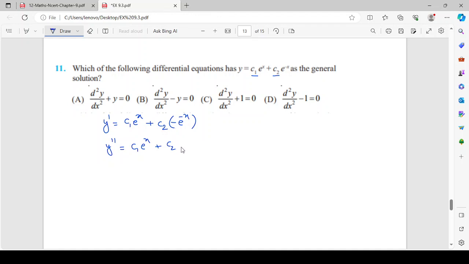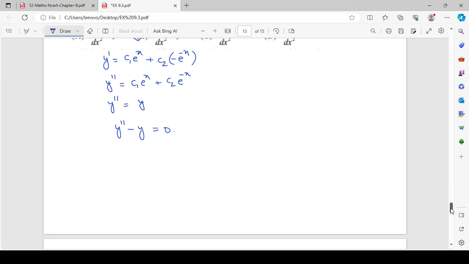So minus of minus e power minus x is plus e power minus x. So can you see here directly, this is nothing but y itself. So therefore, what is the differential equation? y double dash minus y equal to 0, which is present here. y double dash is nothing but d square y by dx square minus y equal to 0. So option B is the correct.